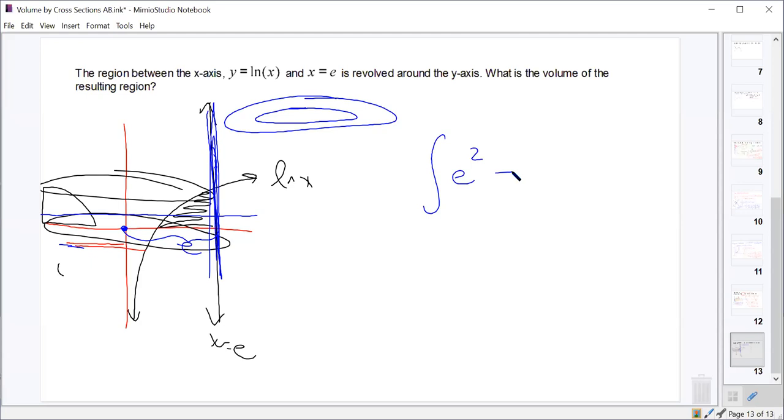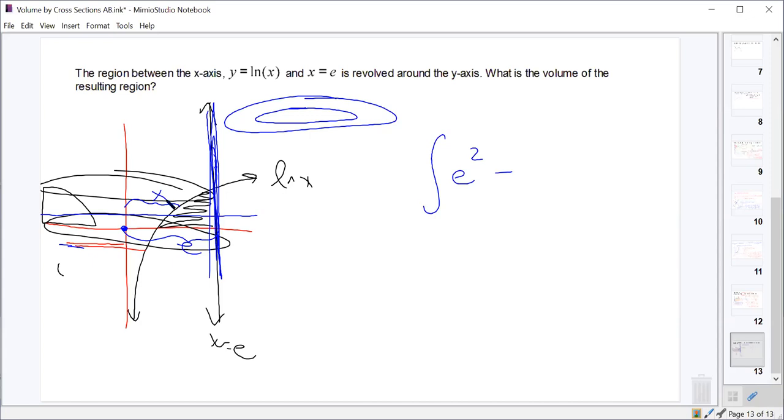What's the inner radius? It's the distance from the y-axis to the function, isn't it? What would that be? It's always x, right? That's x. Well, but since we have to slice it horizontally, we need to figure out what that is in terms of y.